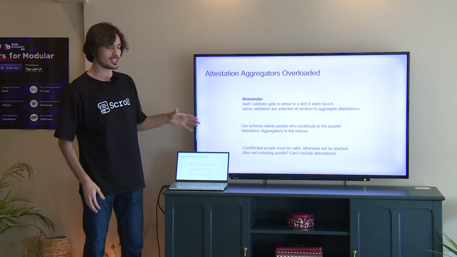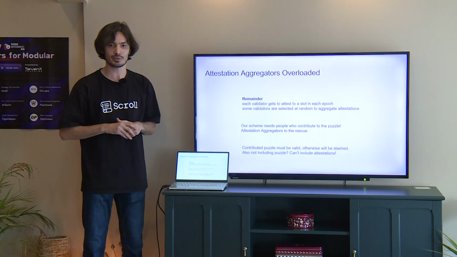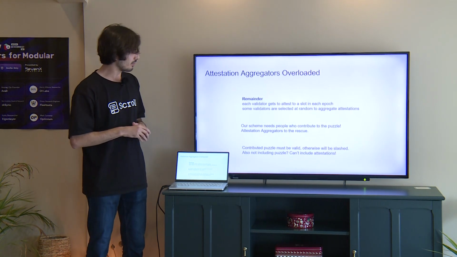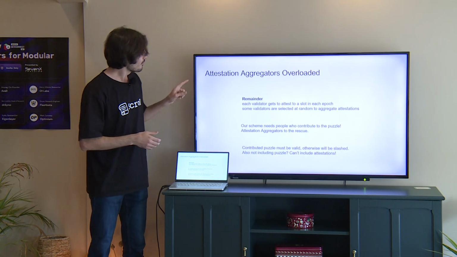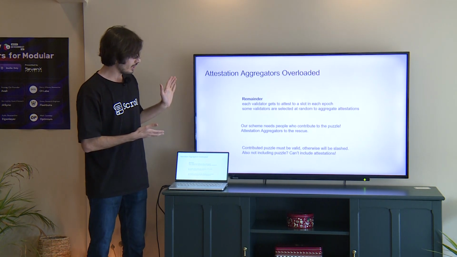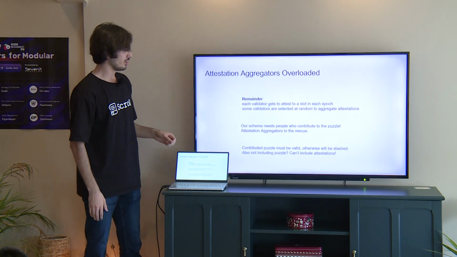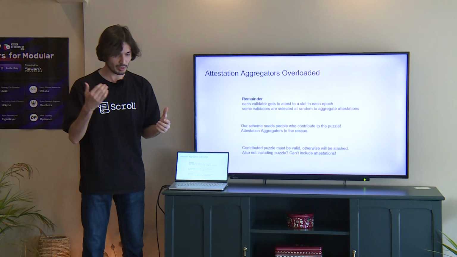Now that we have these cryptographic primitives that mostly my collaborators built, I'm talking now just about the protocol-level stuff, and it goes like this. The attestation aggregators, I remind you what they are.